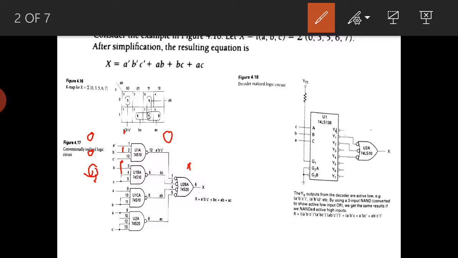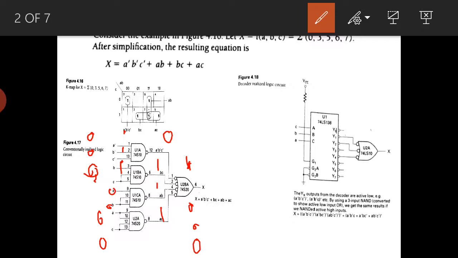The next one, bc, again that is 0 0. So 0 0 means the NAND gate output is 1. Again ab is 0 0, so this is 1, and again ac is also 0 0, so again it is 1. So the inputs at the OR gate with bubbles are 0 1 1 1, that is 1 0 0 0.